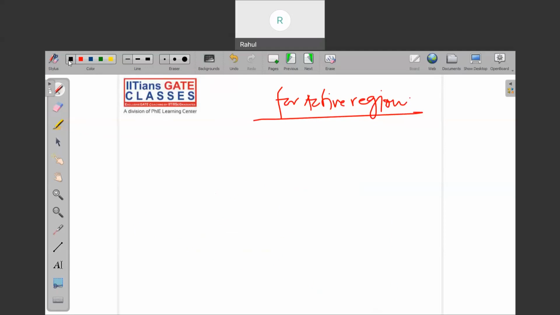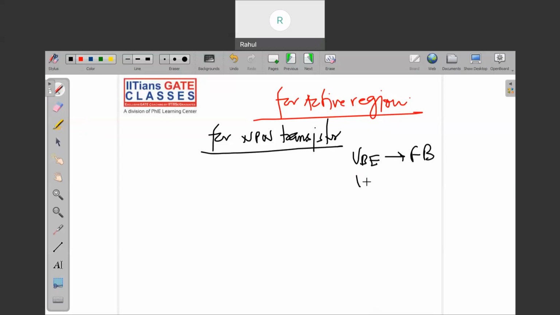So for an NPN transistor, your VBE should be forward bias, and your VCB should be reverse bias.